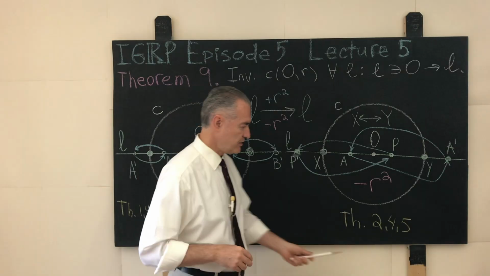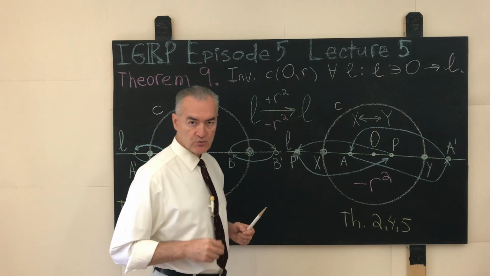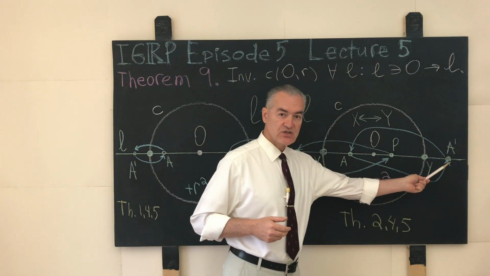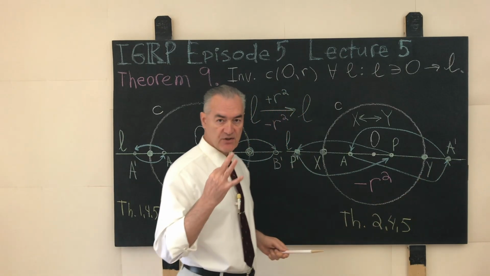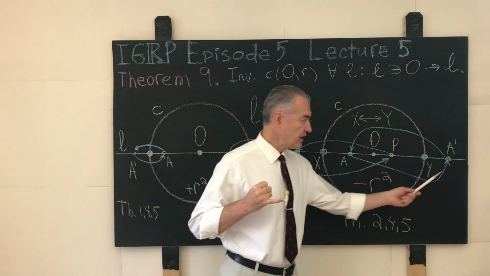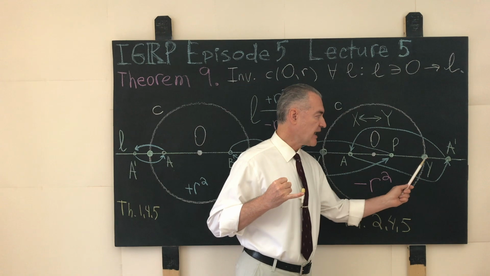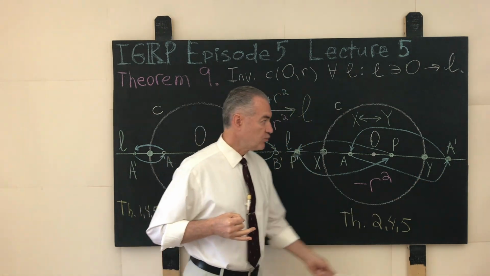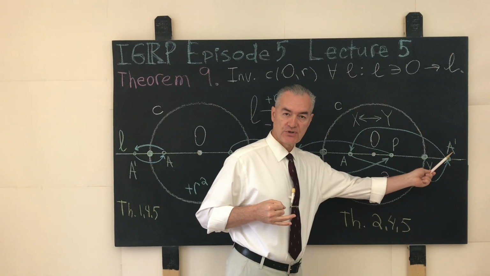Then, according to the theorem number 4, that point will be thrown out into a point A prime, such that the point A prime will possess three properties, which are what? First, that point A prime will be located strictly outside of the circle of inversion. Number 2, that point will be distinct from the point at infinity.